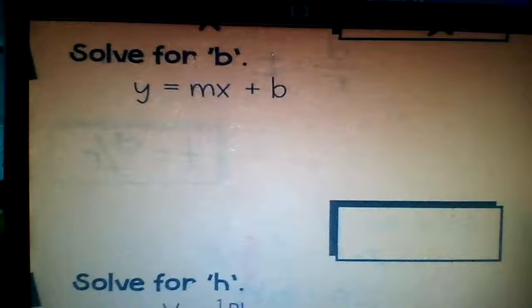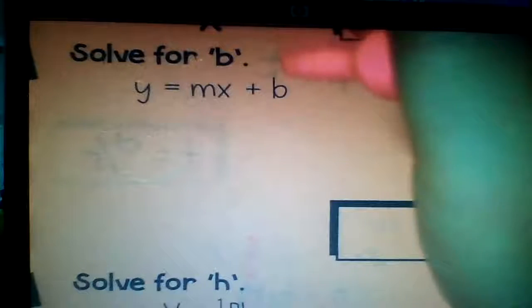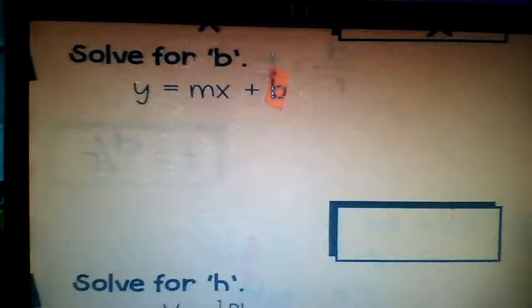Solve this next one for B. So I need to get rid of everything on the right-hand side that doesn't contain a B first. So subtract MX. Remember, it may be in front, but it is positive, so that means I need to subtract it.